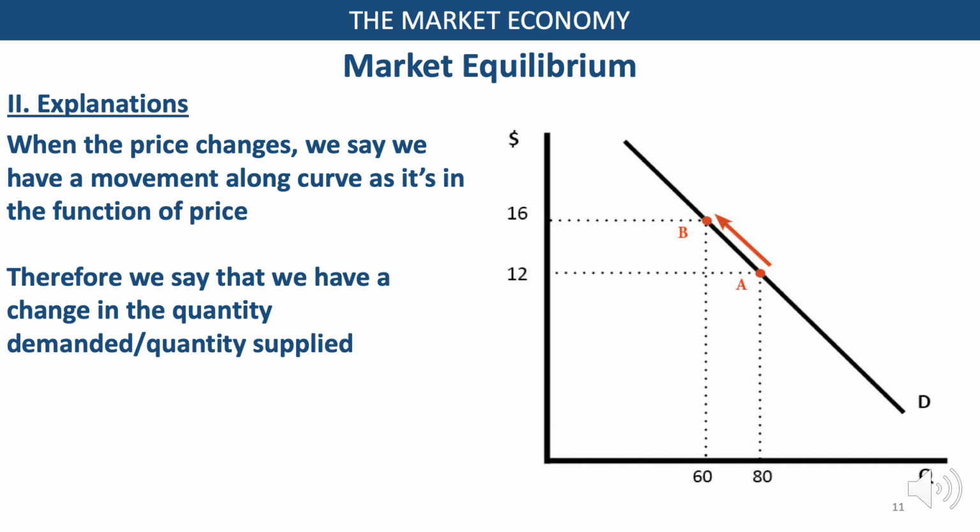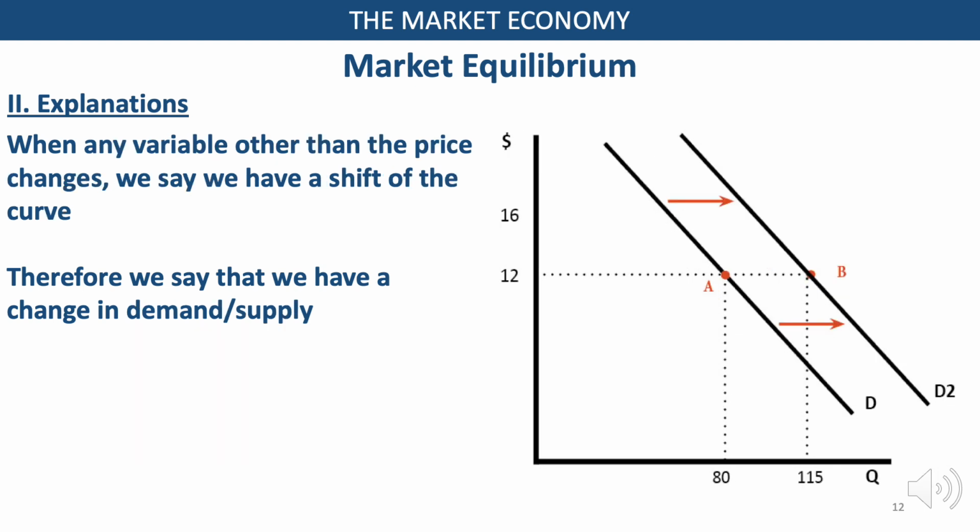Therefore, we can see a movement along the curve upwards, which means that we will have less consumption of quantity, less demand. This is another explanation, which means that whenever we have a factor influencing the quantity, either on demand or supply, other than the price, we will have a shift and not a movement along.